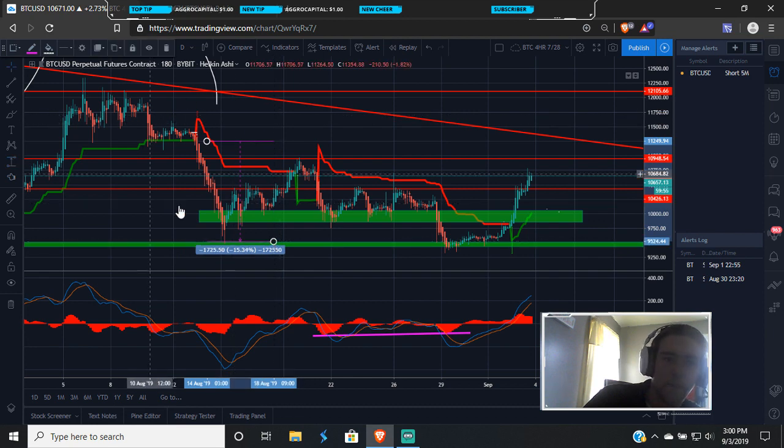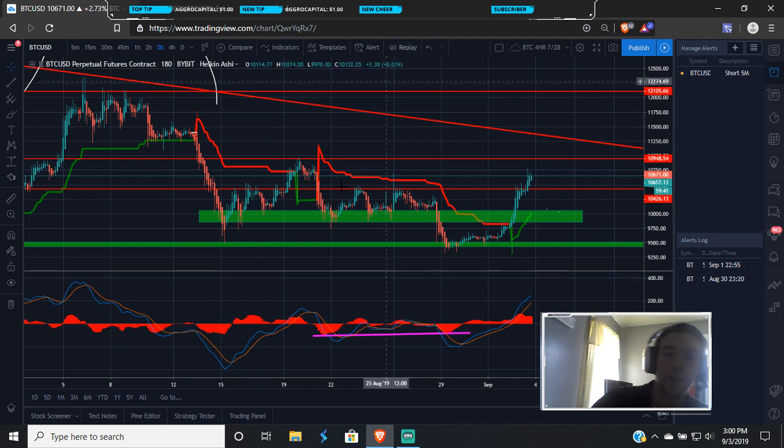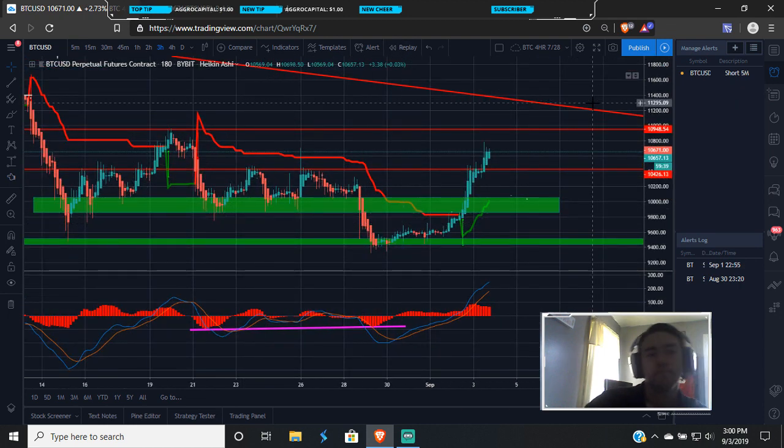You're looking at roughly a 15% drop here in a matter of about 5 days. If you used a low leverage, 2-3x, you're looking at 30 to 45% gains.